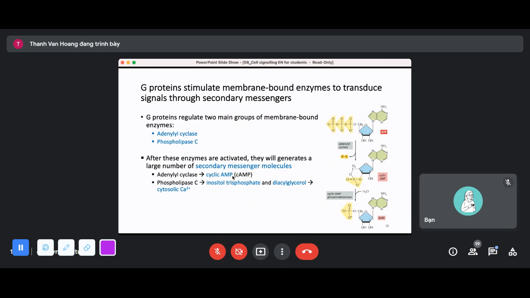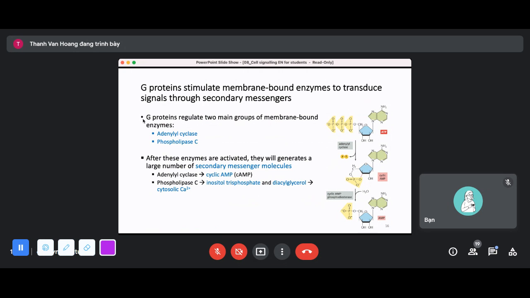It's one mechanism by which the G protein can regulate or induce cellular signals. And cyclic AMP can induce a cellular response through two mechanisms, as I explained recently: change the enzyme activity or change the gene expression, right?